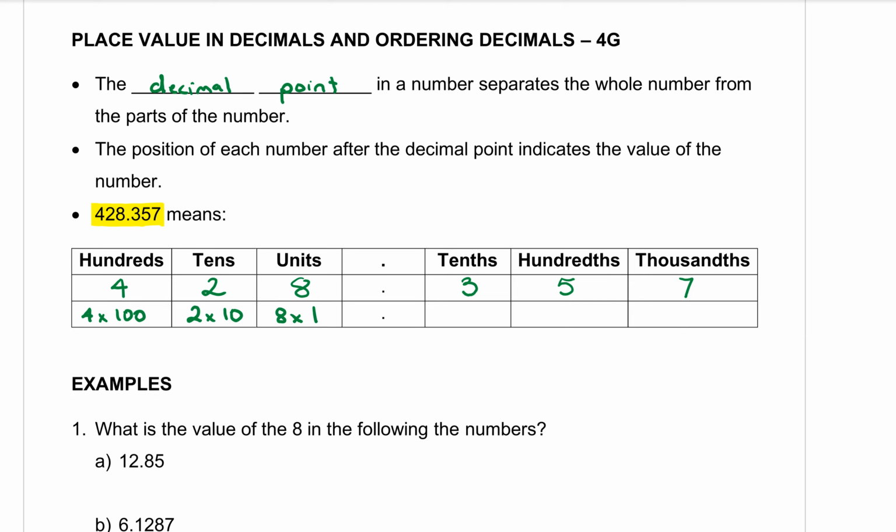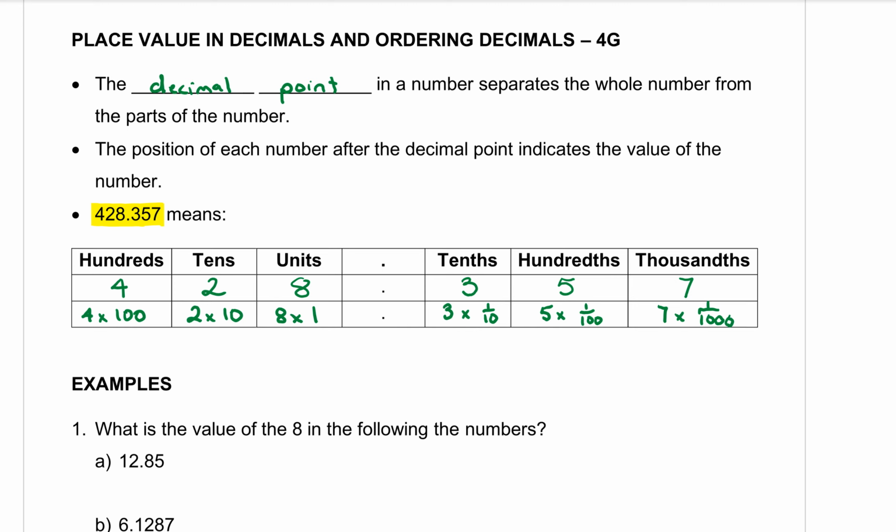Then we have our decimal point. But when we go on the other side of our decimal point, tenths mean that I have 3 lots of a tenth. And hundredths means I have 5 lots of 100th, and a thousandth means I have 7 lots of 1,000.